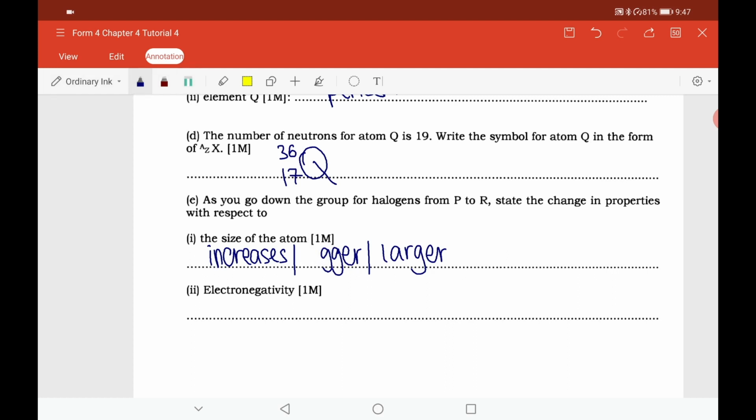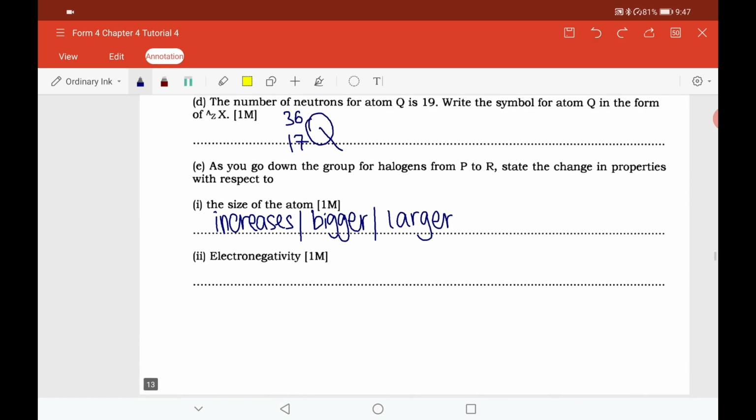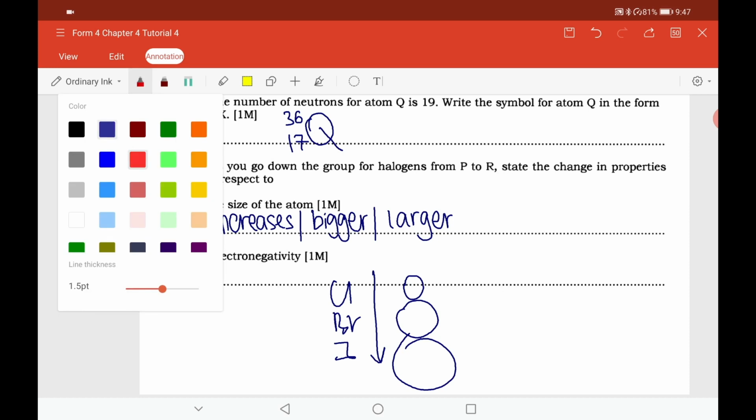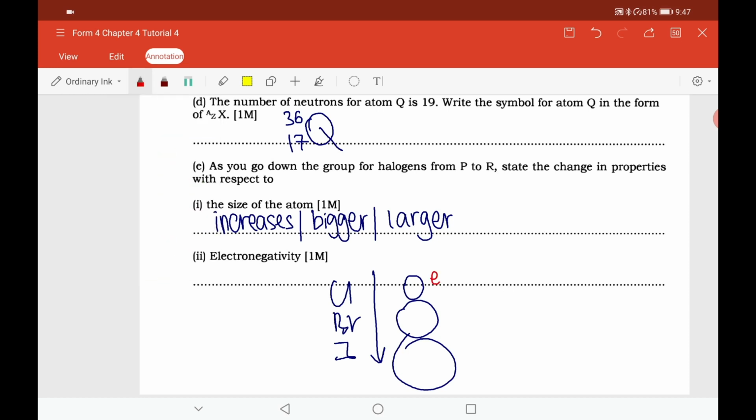All right, so the next one, what happened to electronegativity? Electronegativity means the tendency to receive electron. So for halogen, for group 17, chlorine, bromine, and iodine, going down the group, the size become larger. So electron is far away from the nucleus, and the nucleus very hard to pull the electron.